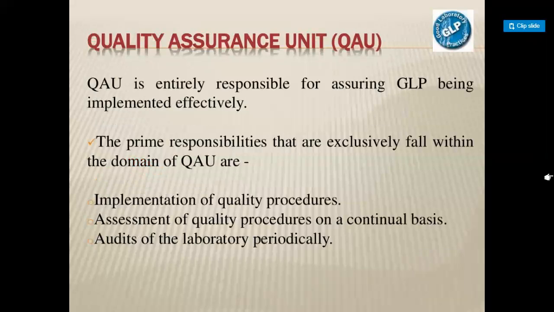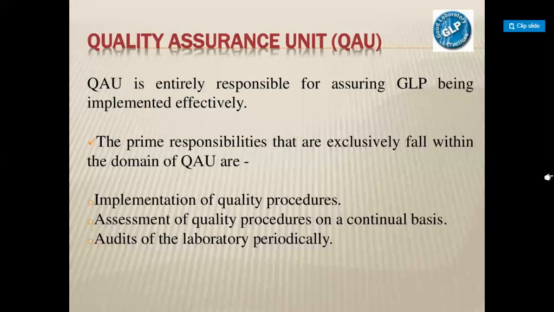Quality assurance unit. The quality assurance unit is entirely responsible for assuring that Good Laboratory Practice is being implemented effectively, right? What do you mean by effectively? It means when we are maintaining or implementing such types of records in GLP, it has to be implemented properly.